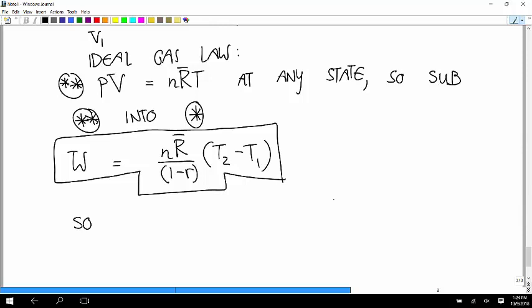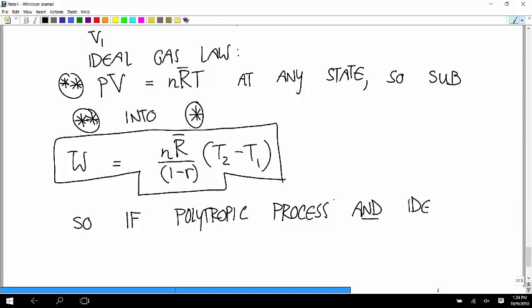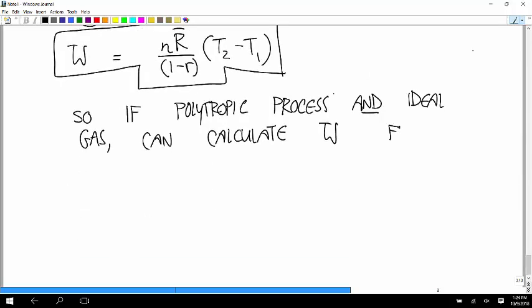So what that tells us is if we have both a polytropic process and an ideal gas, then we can calculate W from the temperature T1 and the temperature T2 alone.